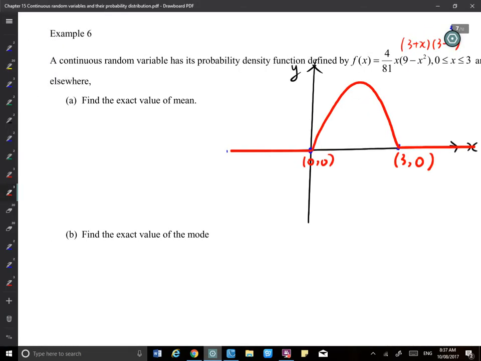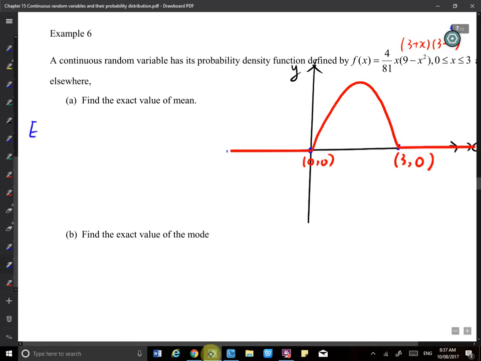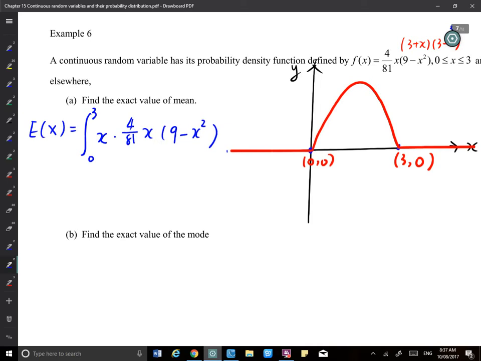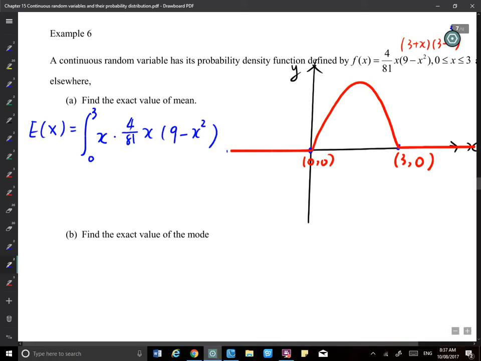So part A is asking us to find the exact value of the mean. So E(X) equals, the domain is 0 to 3, and I will have x times f(x).